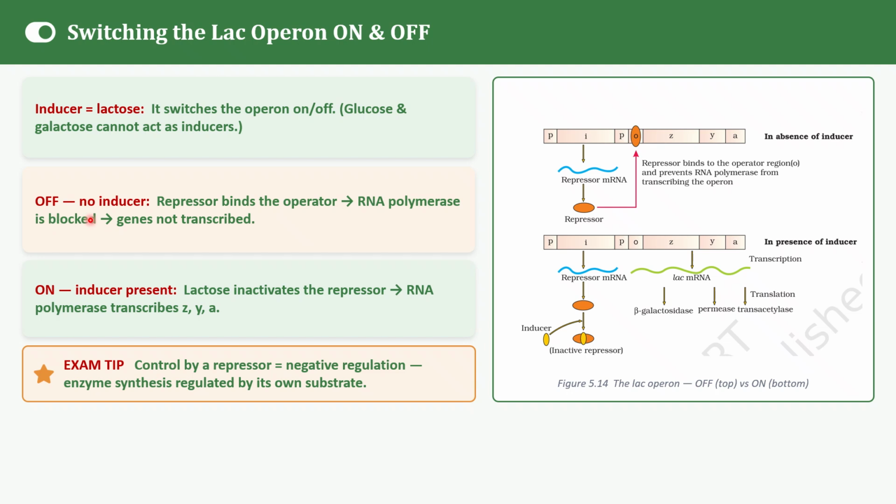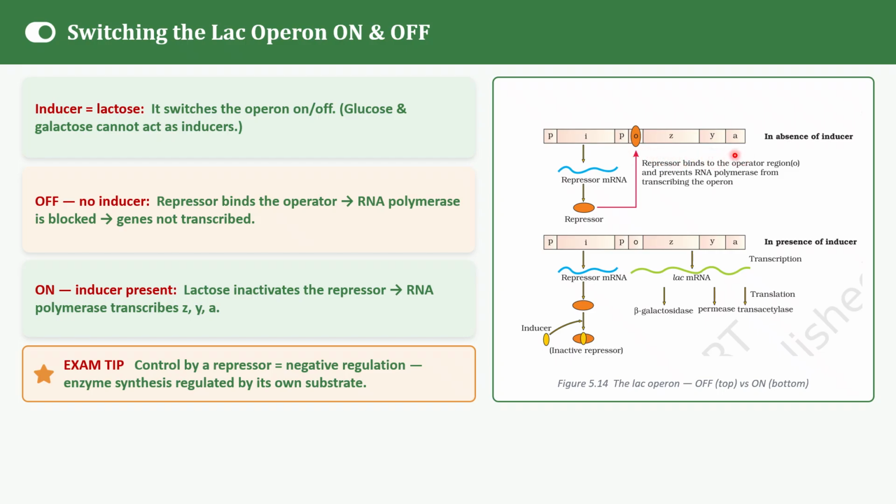So what happens in the off condition? When lactose is absent, the I gene continuously produces the repressor protein. The active repressor binds to the operator, that is the O region. You can see here. When the repressor occupies the operator, it prevents RNA polymerase from transcribing the structural genes.